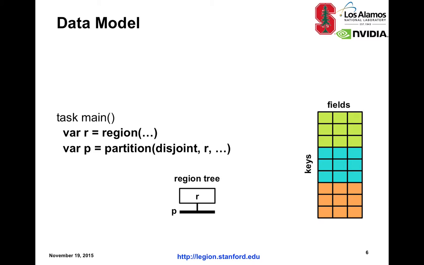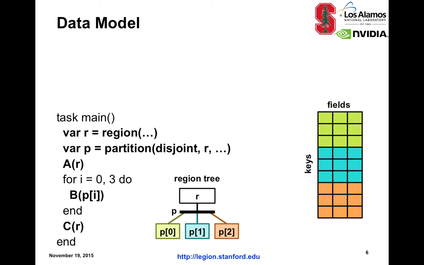And in our abstract region tree, we're going to record one node for the partition itself and one node for each of the subregions under that partition. This tells us, for example, that each of the subpieces is a view onto the parent region, and because the partition that they live under is disjoint, it tells us that each of the subregions refers to disjoint pieces of data.